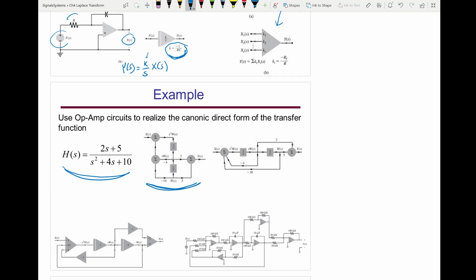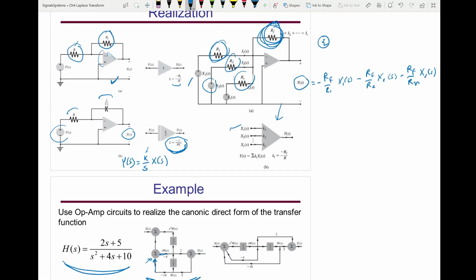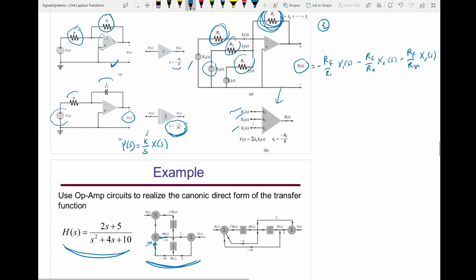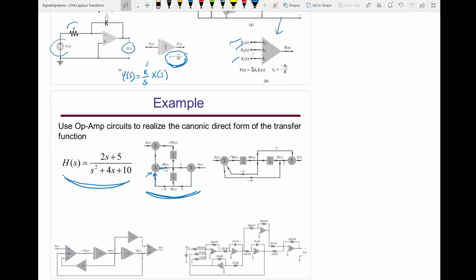Now I don't need to build a summing amplifier that has only 2 inputs. I can have a summing amplifier of 3 inputs or 10 or 15 inputs. So then I can redraw this circuit such that I don't need this one. I can connect this directly here and this directly here. So now I have a summing amplifier with 3 inputs, 1, 2, 3, and that will be this one.